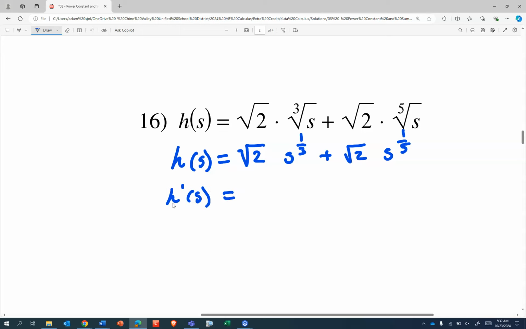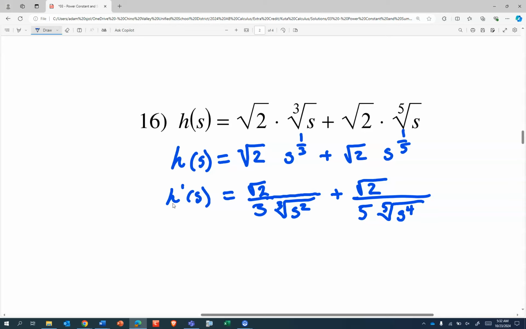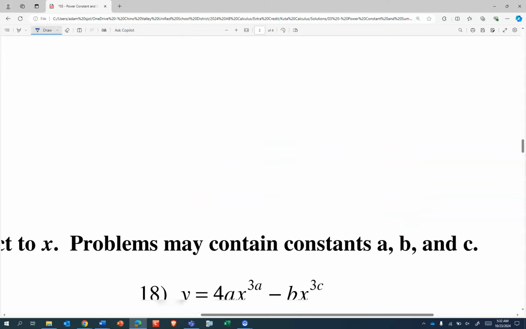And so that's going to be root 2 over 3 as our coefficient, and s to the negative 2/3. So the cube root of s squared. And then plus root 2 over 5. And subtract 1, s to the negative 4/5 is going to be the 5th root of s to the 4th. Alright, I think that's it.